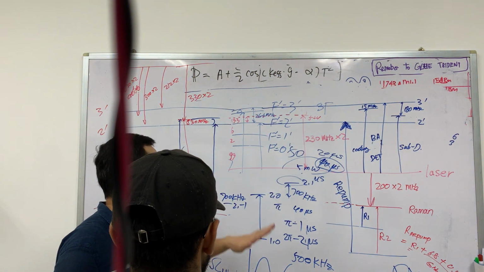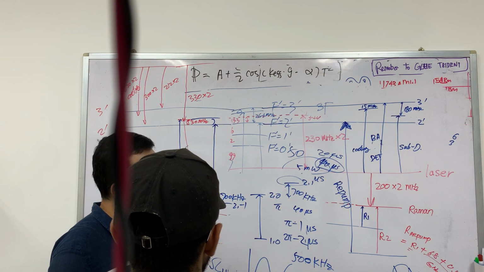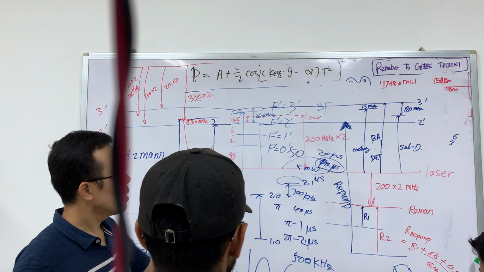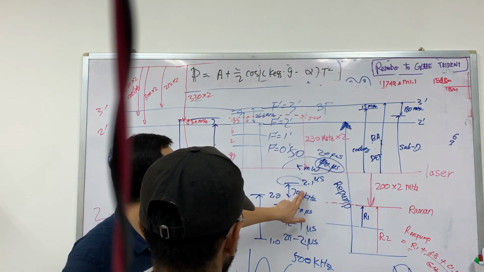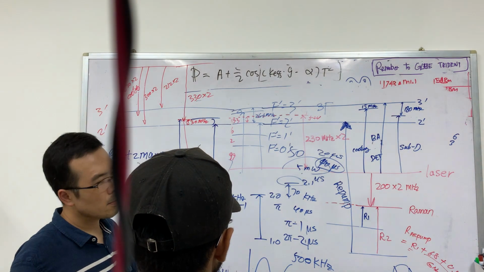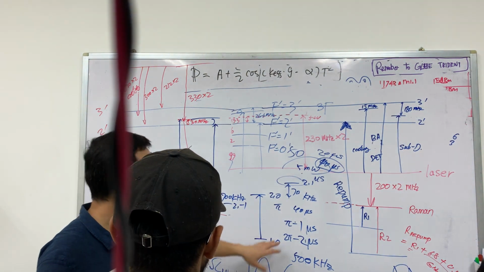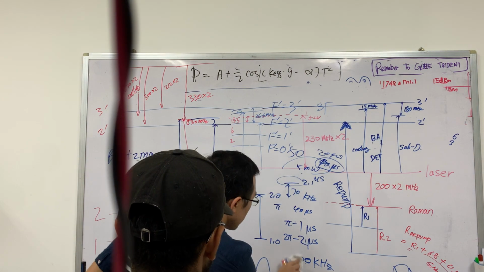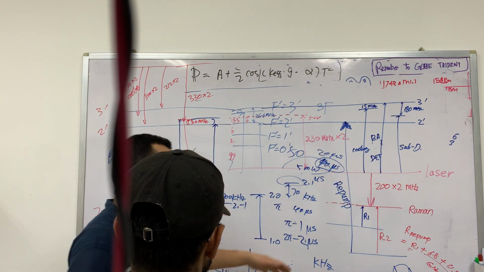That's why they keep the solenoid B field at like 100 milliamps. They have 17 kilohertz. Yes. Something like this, but they keep their Rabi frequency.